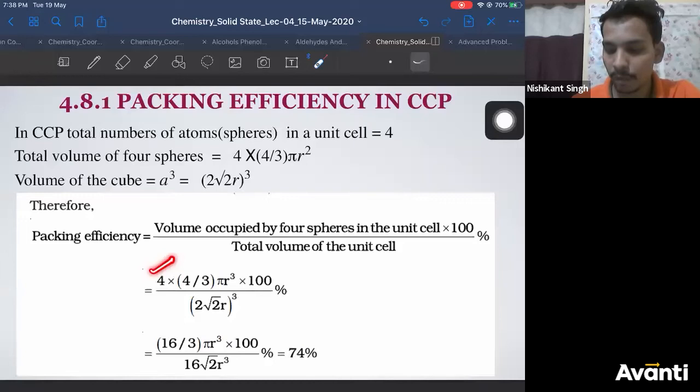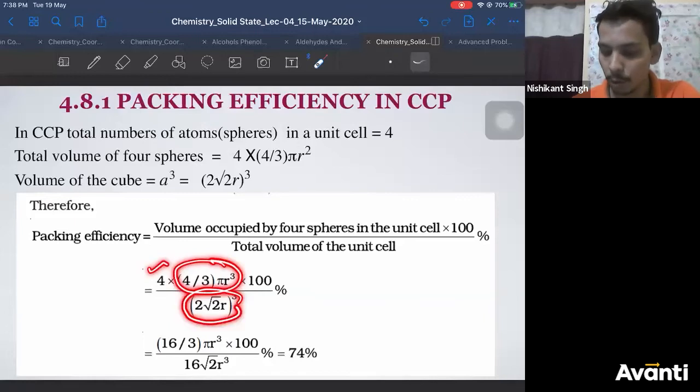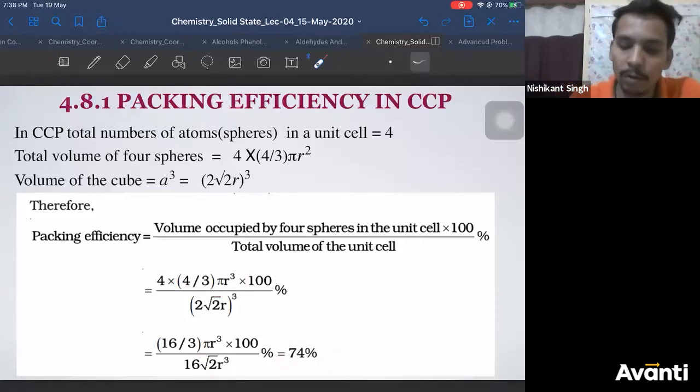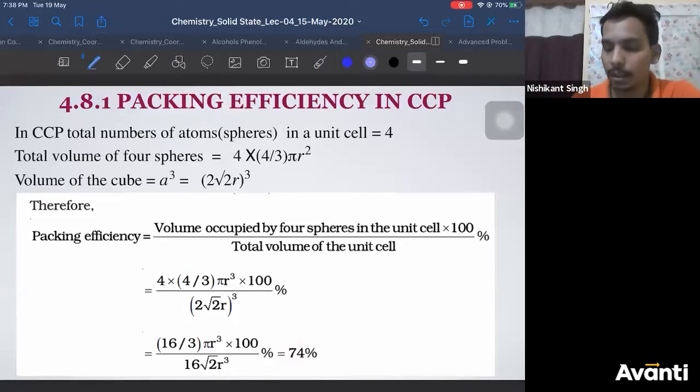Now Z value is 4. So 4 into 4 by 3 pi r cube divided by A cube, where A is 2 root 2 R whole cube, into 100. When you simplify, R cube will get cancelled. The value will come out to be 74%.